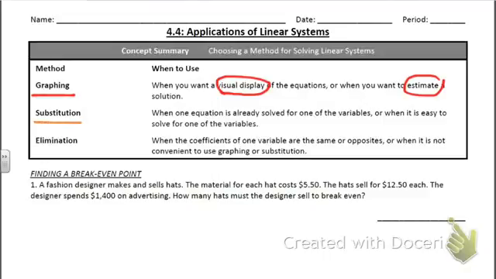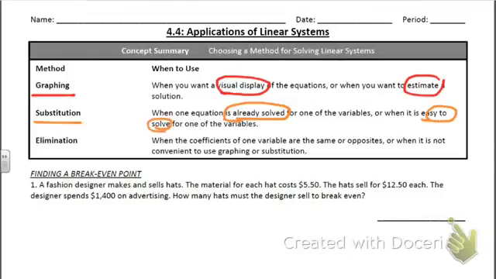The other method that we talked about was substitution. That's when we take one value and substitute it in for the other. Substitution is a great method if we have already solved for one of the variables, so we have x equals something or y equals something, or if it's really easy to solve for one of the variables.